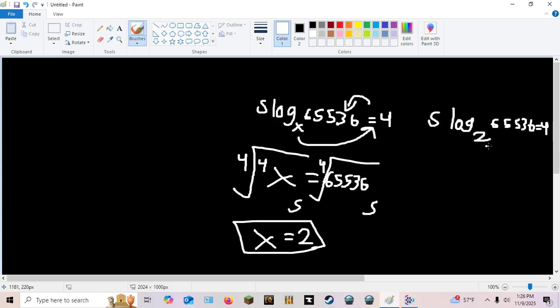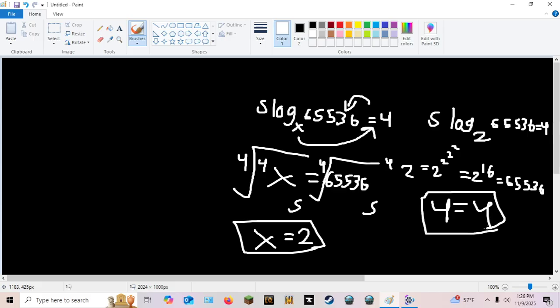So let's evaluate it: I know that 2 tetrated to 4 is 2 raised to 2 raised to 2 raised to 2. I can replace 2 tetrated to 3 with 16, which equals 65,536. And now 4 is the correct answer. So 4 is 4. So x equals 2 is indeed correct.